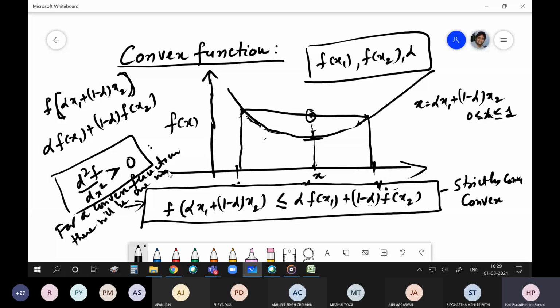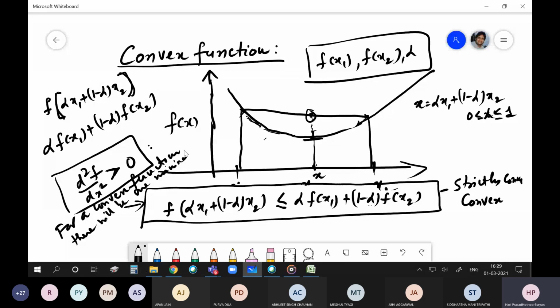So if I can prove that my function is a convex function, then whatever minima we get will be the global minima, isn't it? Yes, sir. If we can prove that my function is convex in nature, then whatever minimum we get will be the global minimum.